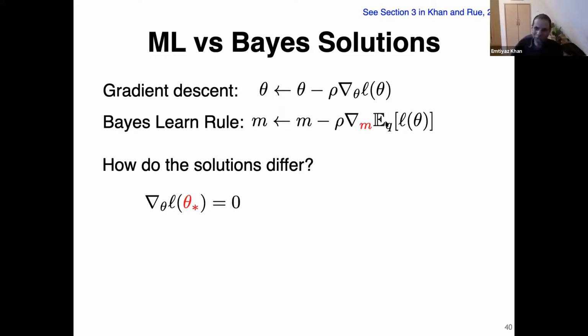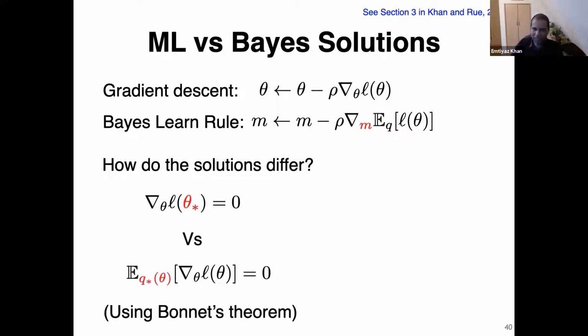If you want to do it, you could do it and you could be completely non-Bayesian. So if you do it, then you get gradient descent, and gradient descent is basically just looking at one point, setting the gradient to 0, and that's the solution that you get. But if you choose this solution, essentially, you can show a very nice property: if you allow the distribution to be there, then your solutions have a slightly different nature to them.